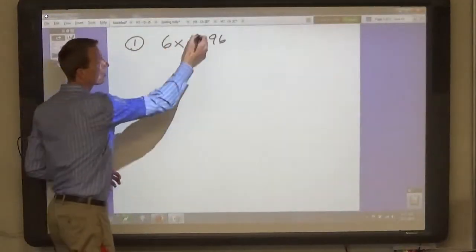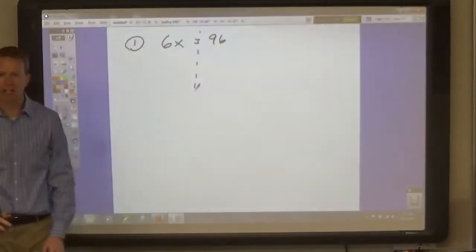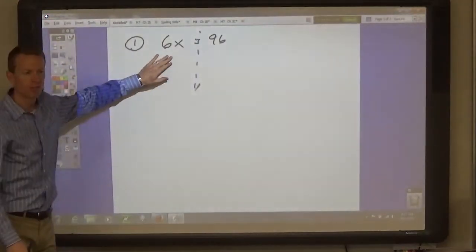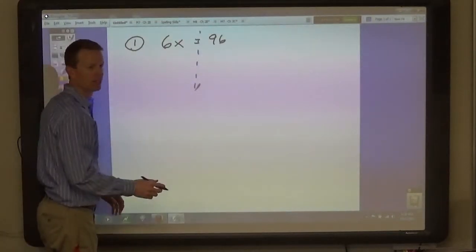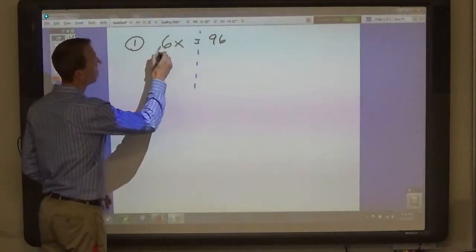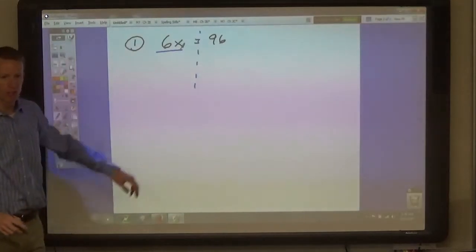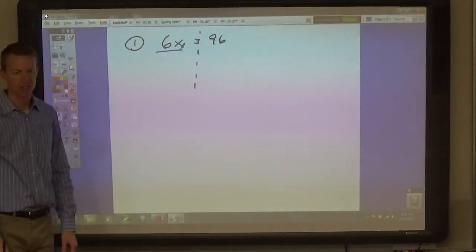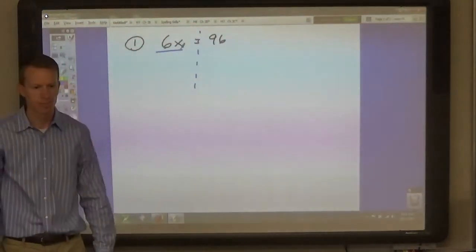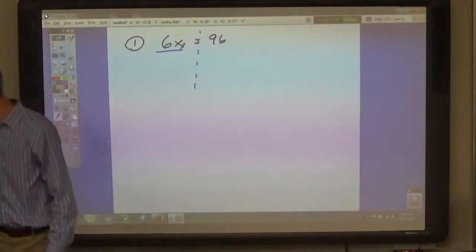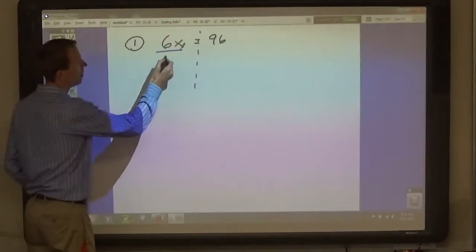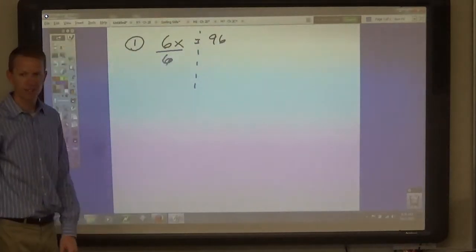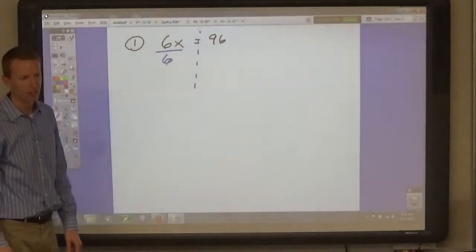Remember, always start solving on the side with the variable. So we start on this side and use the reciprocal of the coefficient. Divide by 6.